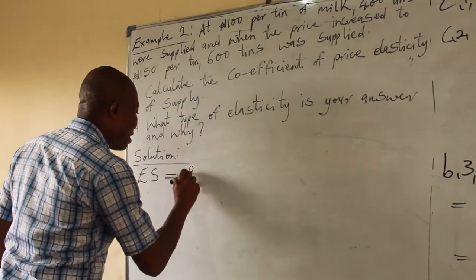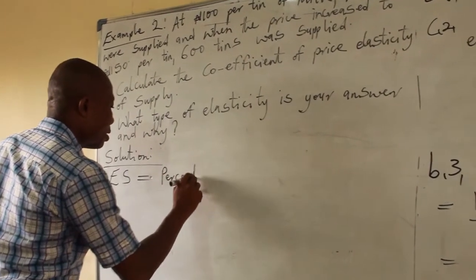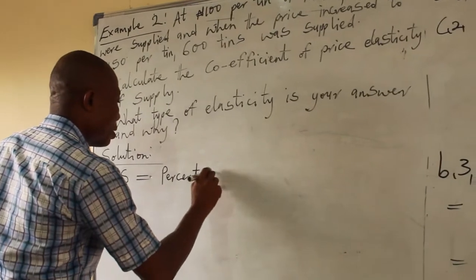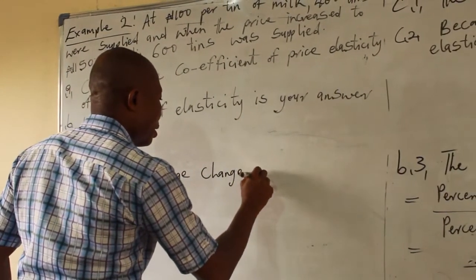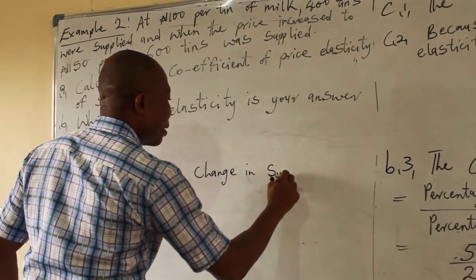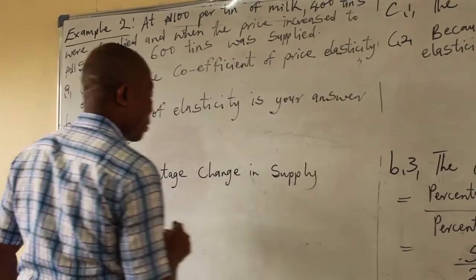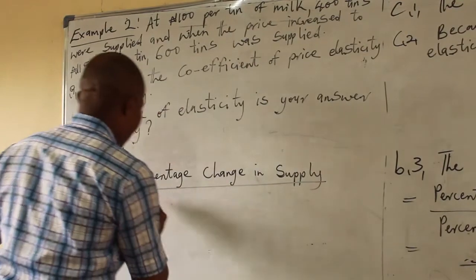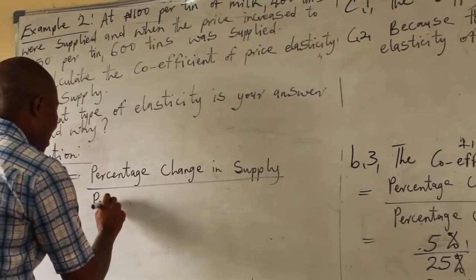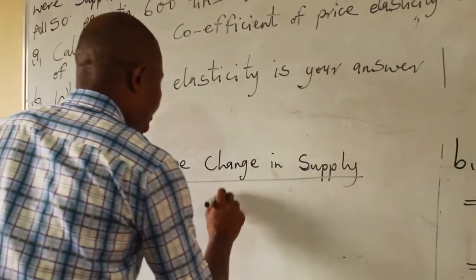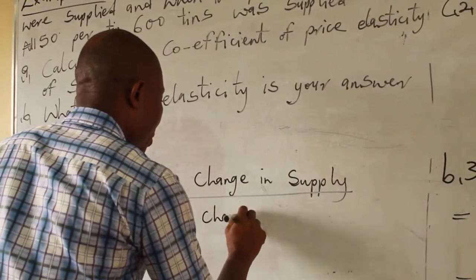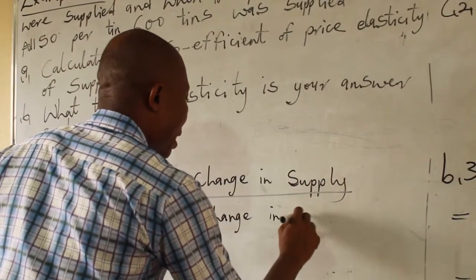Then we'll now have ES equals percentage change in supply all over percentage change in price.